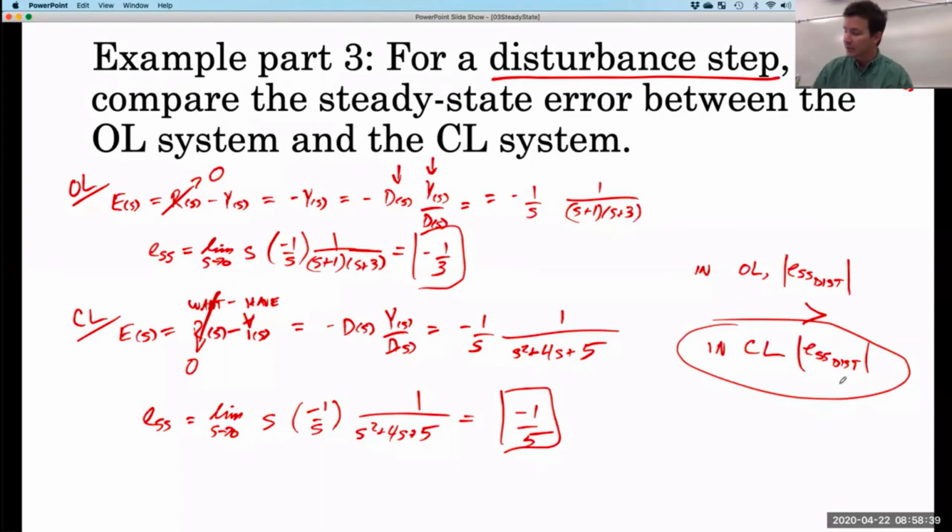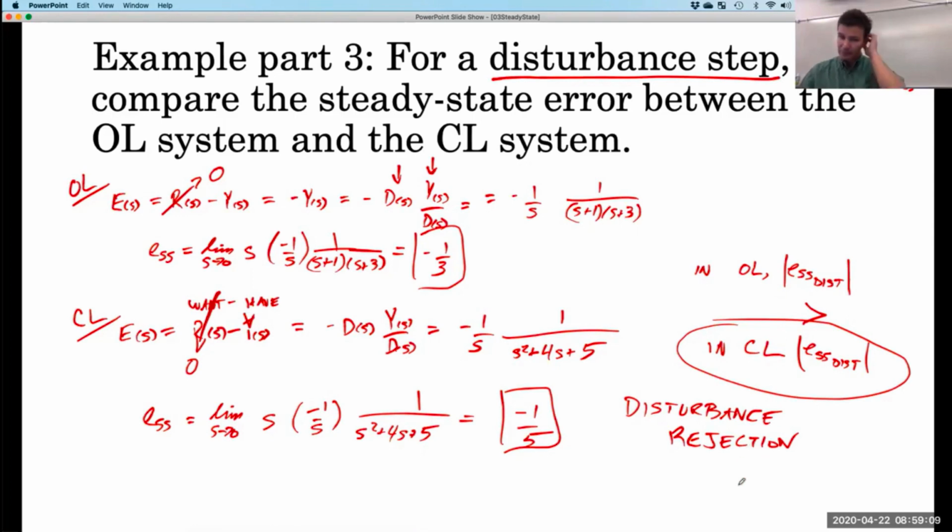Broadly, this falls under the category of what's called disturbance rejection. Which is one of the main goals of a control system. So the more your system can reject disturbances, the better of a control system you have on your hands.